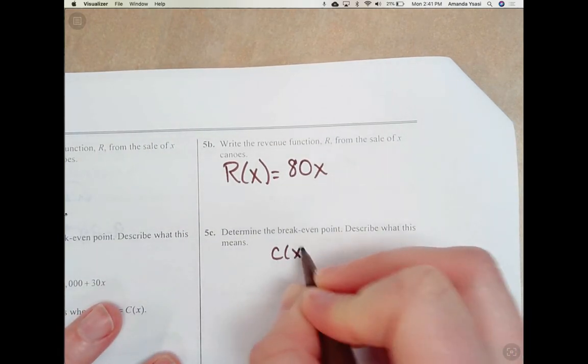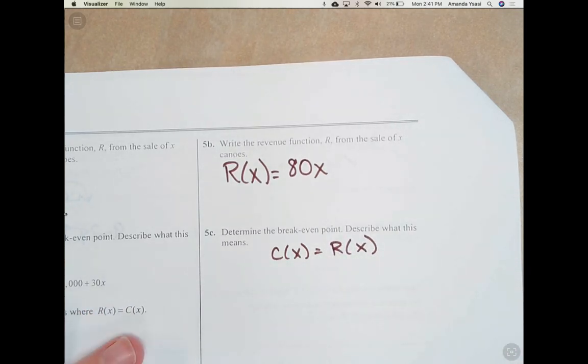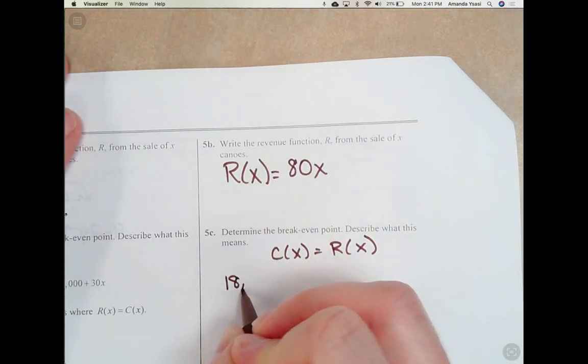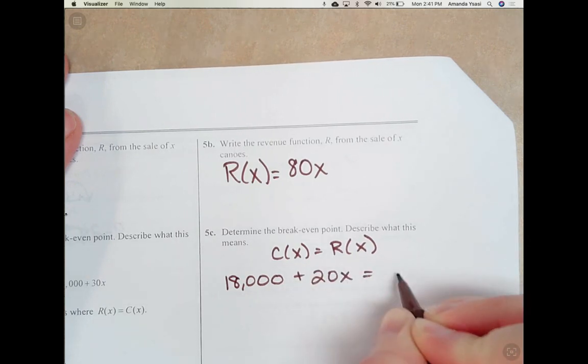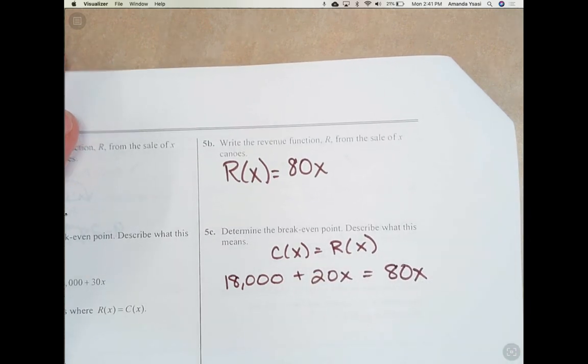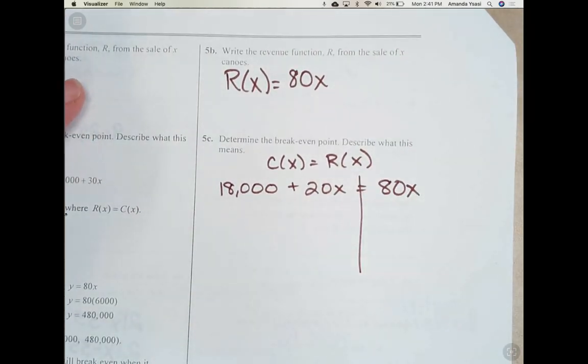So C of X equals R of X. So that'd be 18,000 plus 20X equals 80X. And we solve that out.